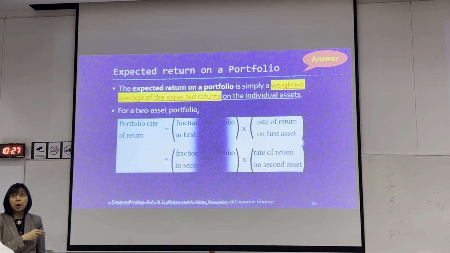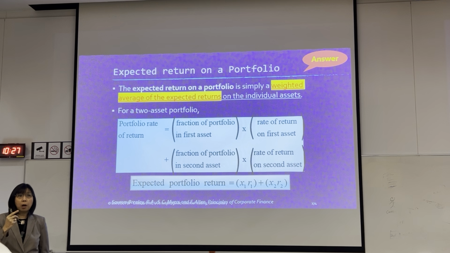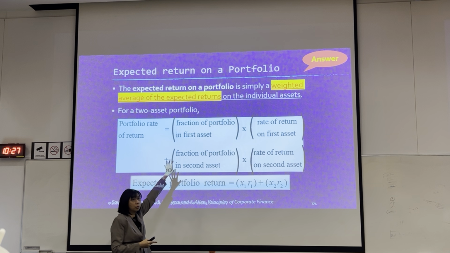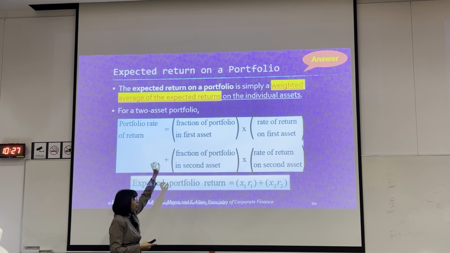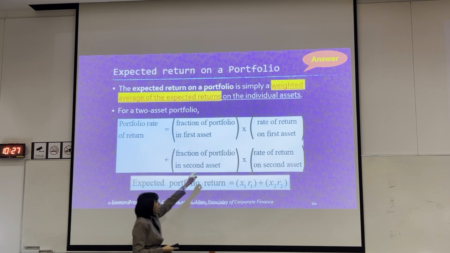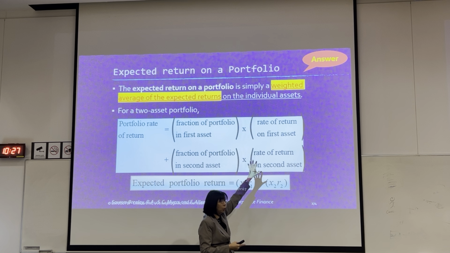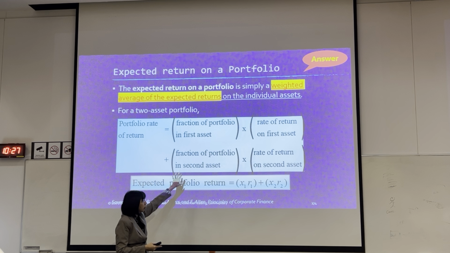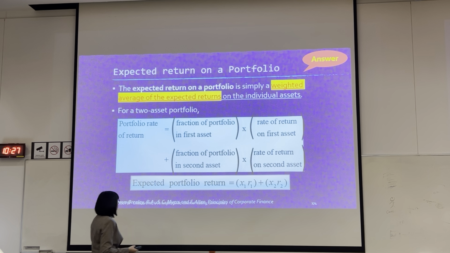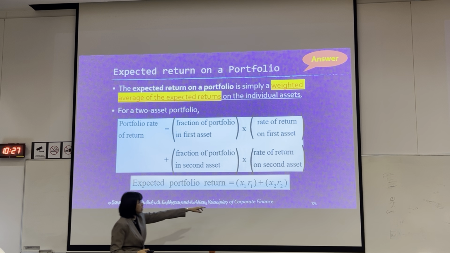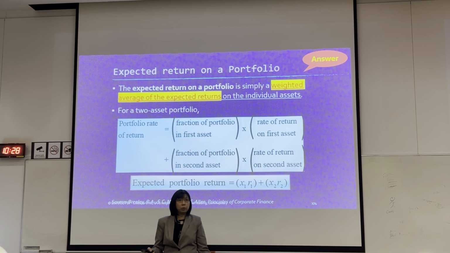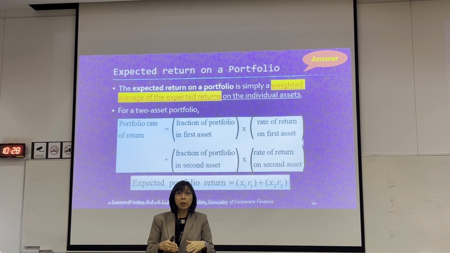So let's say in our example, you have 2 assets, stock U and Y. Your return on that portfolio is the fraction or percentage you're putting in the first asset, let's say U, times the expected return on U, which you're given, plus the percentage you put in Y times the return on Y. Basically, simply, this is the weight and this is the return, plus this is the weight times the return, and that would be your expected return for that particular portfolio.